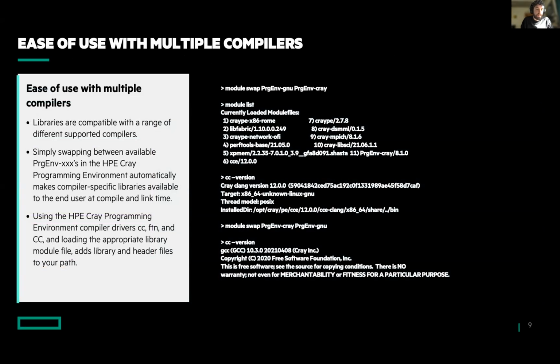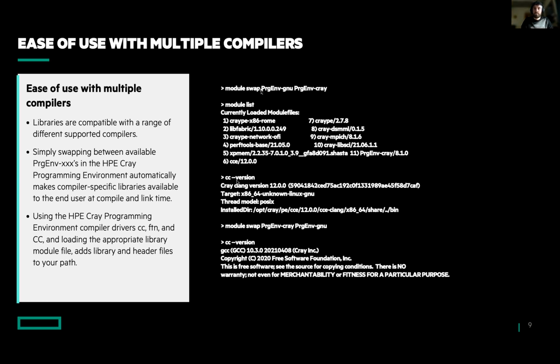These libraries are easy to use with a variety of compilers. So I mentioned earlier the compiler wrappers. We have a simple module system which you use to swap between different programming environments. So we have an example line here swapping between the GNU and the CRAY programming environments. And you can see the types of modules that are listed.